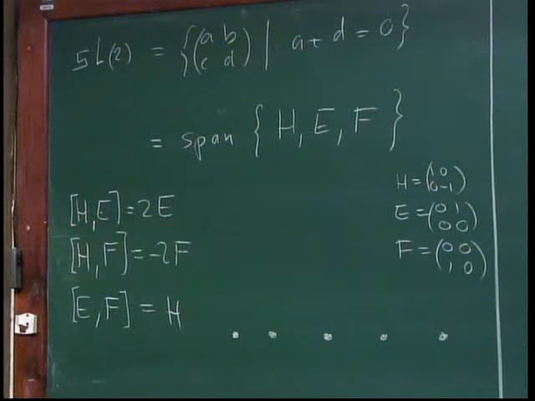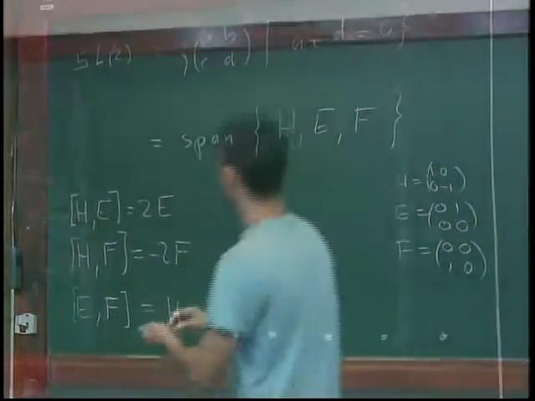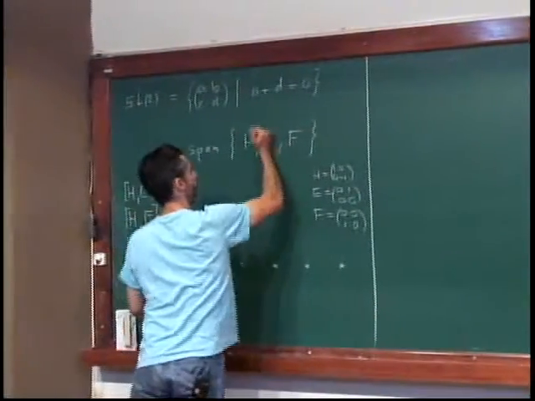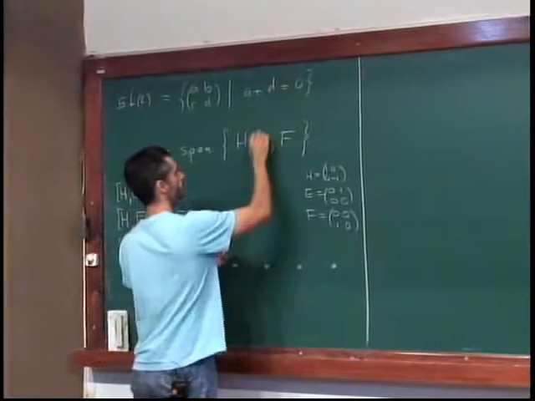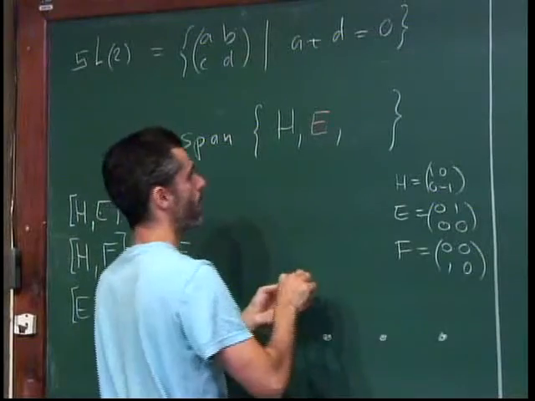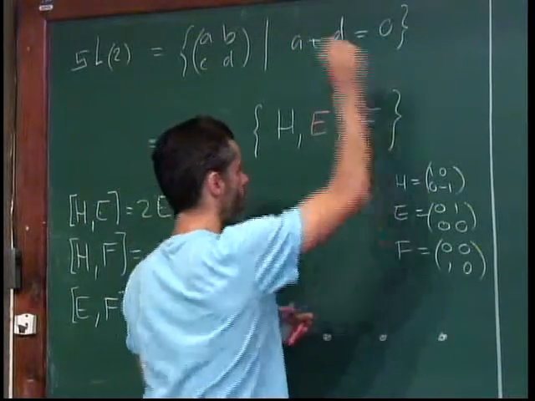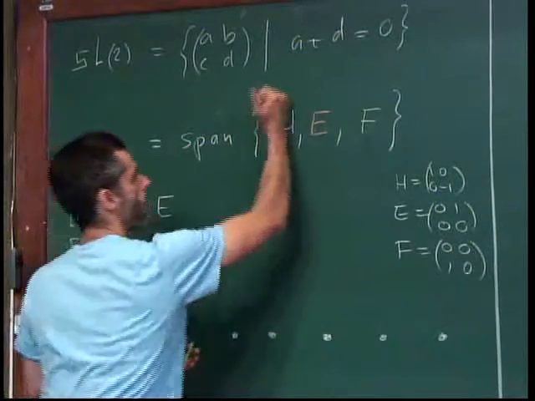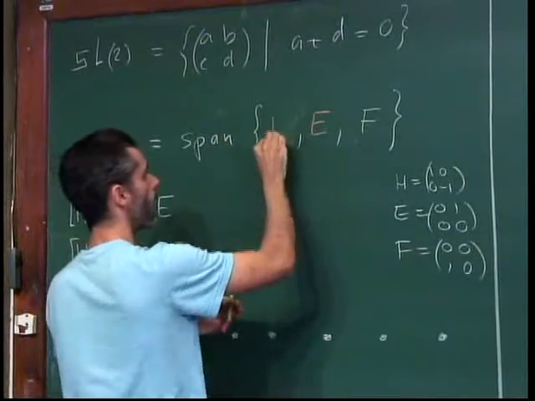So I'm going to pick some colors. I'm going to draw E in red, F in green, and H in purple.